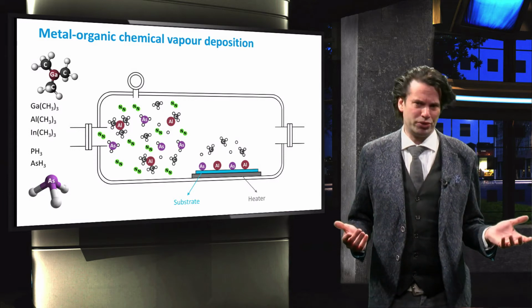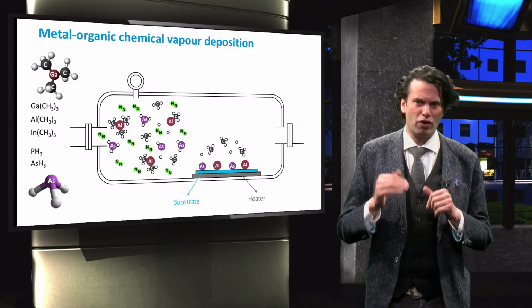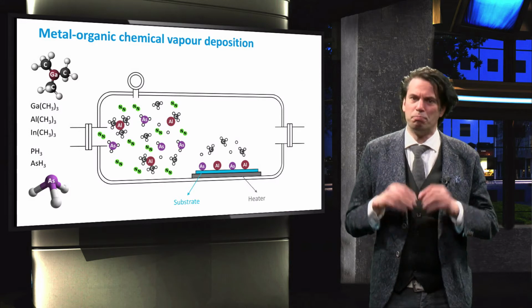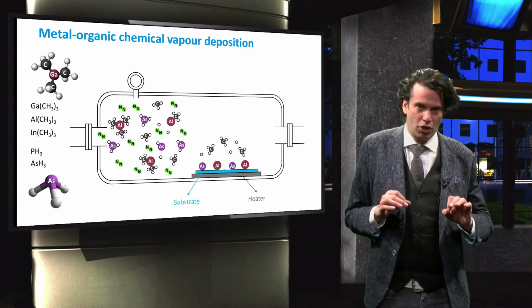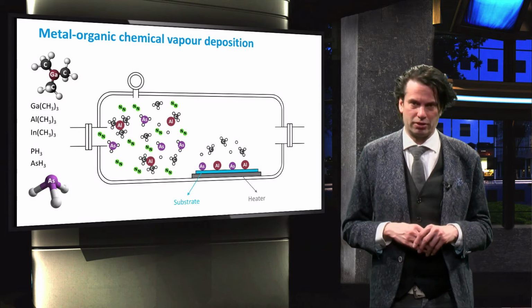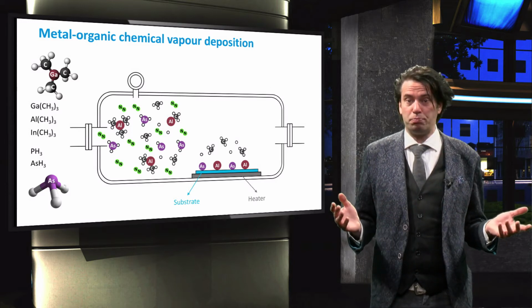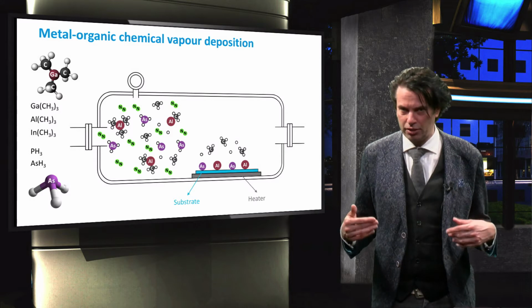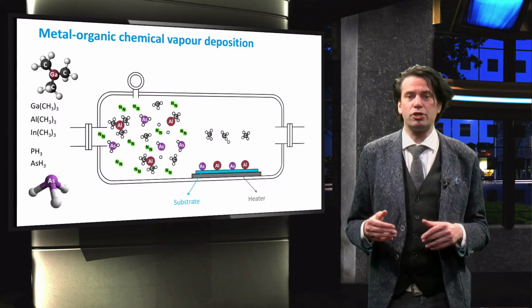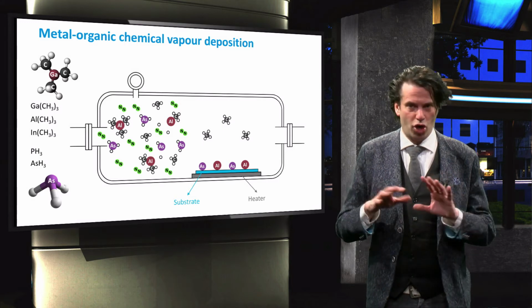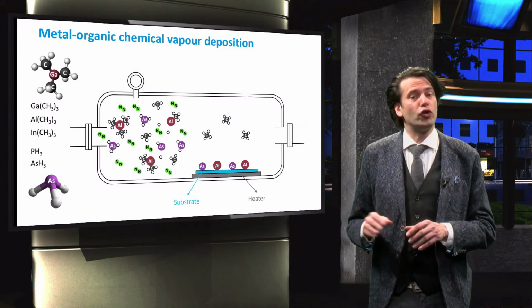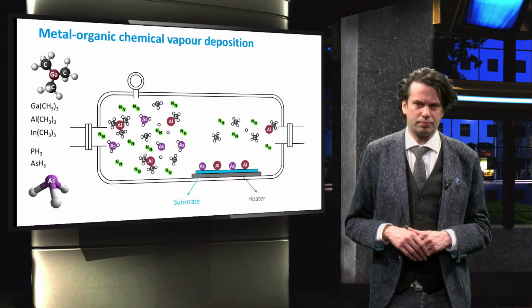As a result, layer by layer of gallium arsenide is grown at a much faster rate than molecular beam epitaxy, of up to 1 nanometer per second. The remainder of the precursor gases, so the hydrogen and methyl groups, partially combine to form methane. The methane, carrier gas and any other unused gases are flushed from the system.